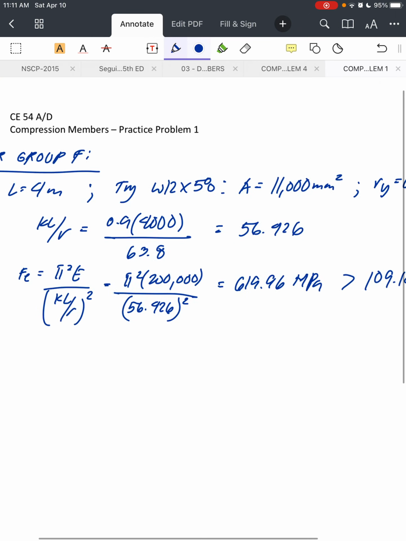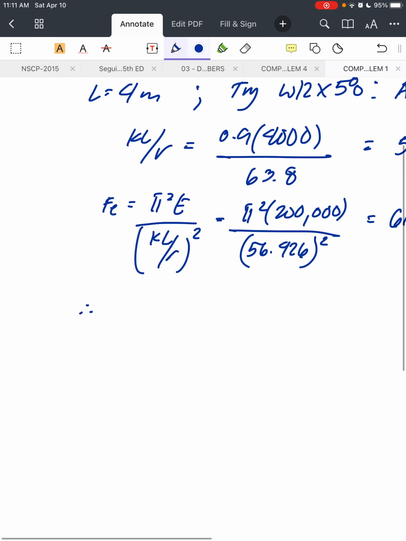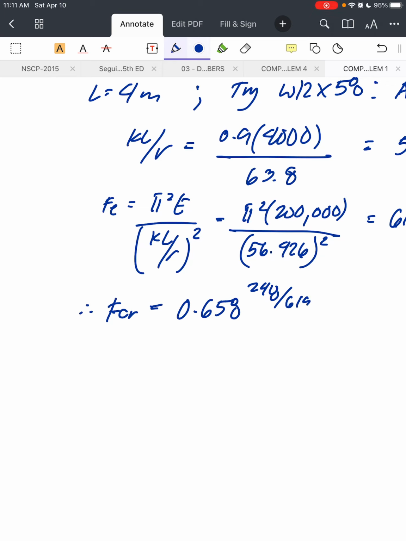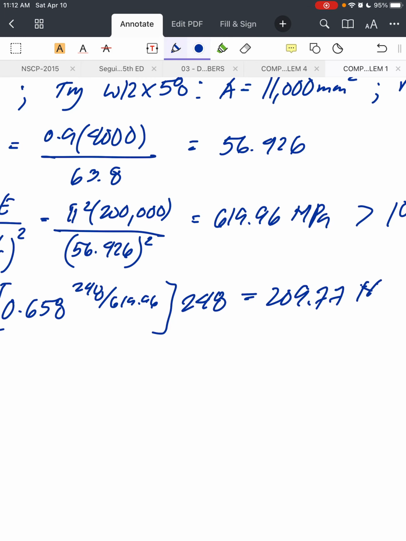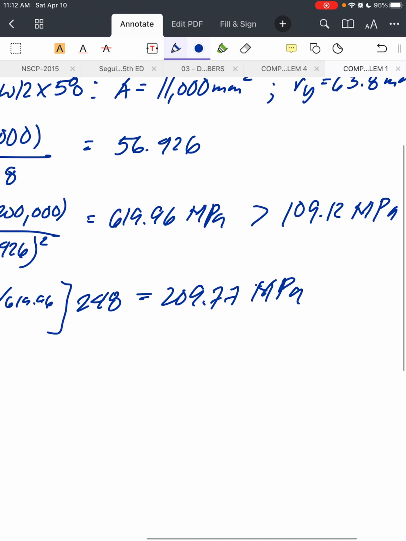So therefore, your Fcr is equal to 0.658 raised to (248 over 619.96) quantity times 248. So that is equal to 209.77 MPa.